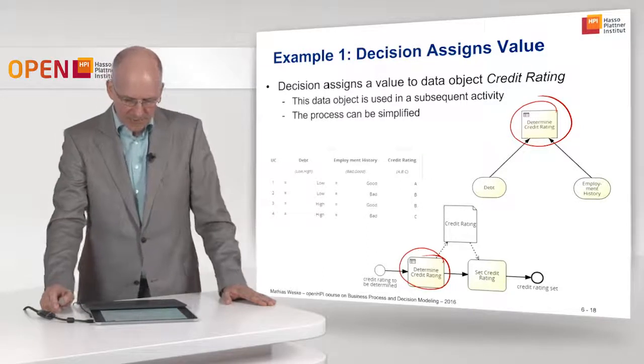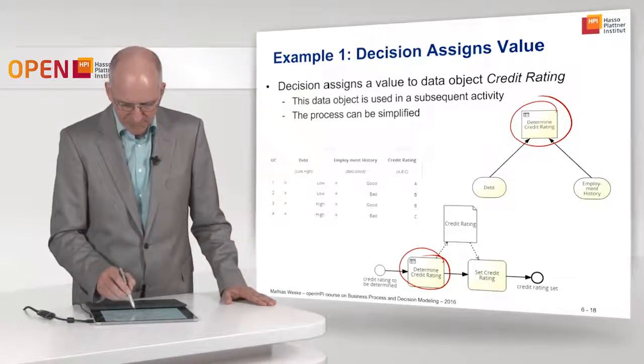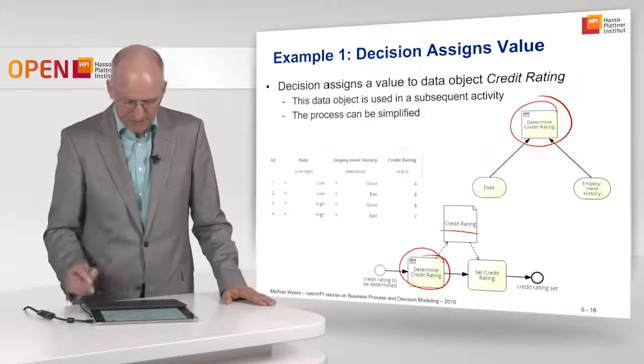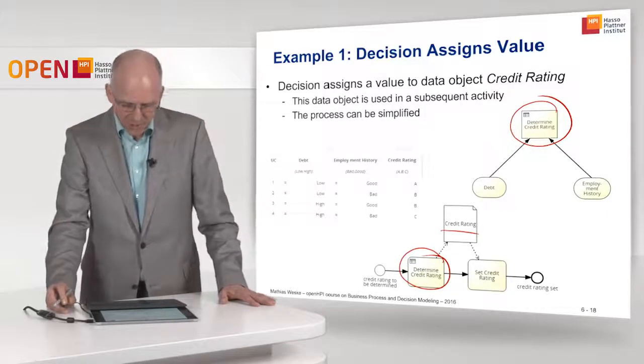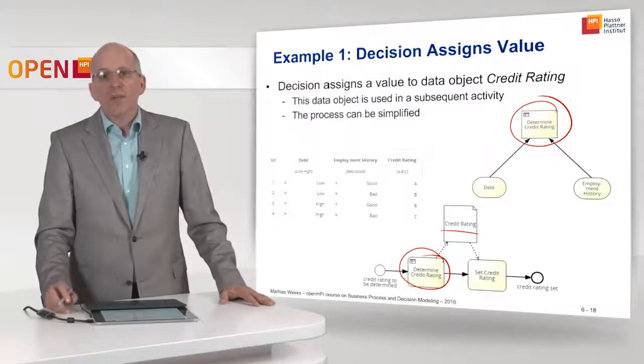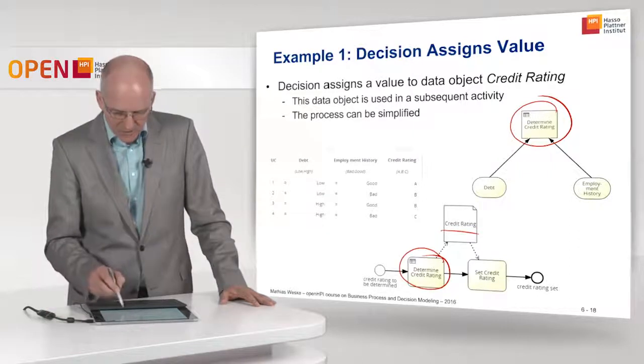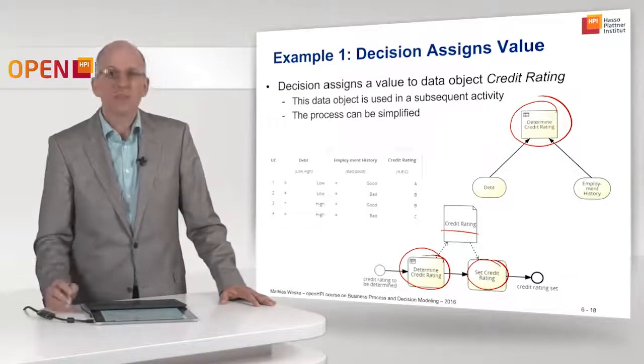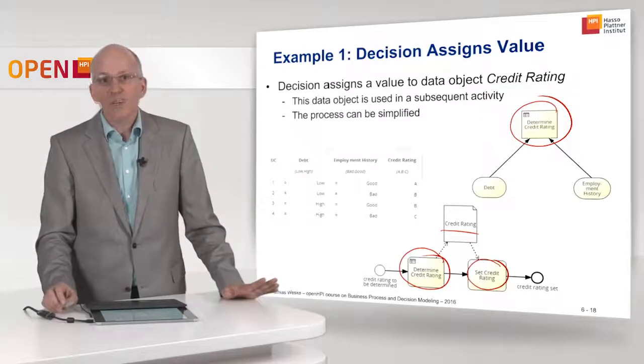And the output of this decision is represented by this data object in BPMN, which is called credit rating. And then we have one additional activity called set credit rating that reads the credit rating data object.